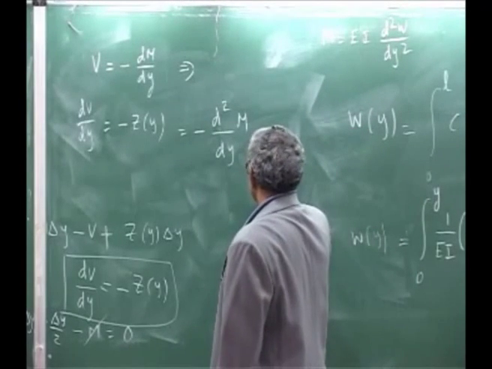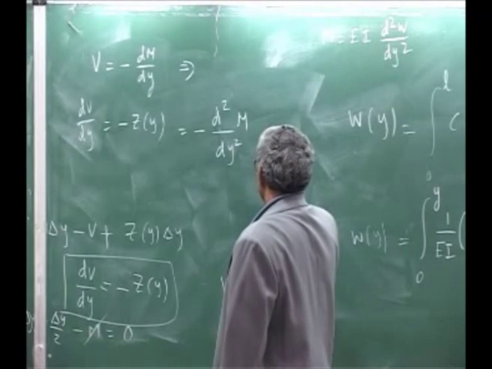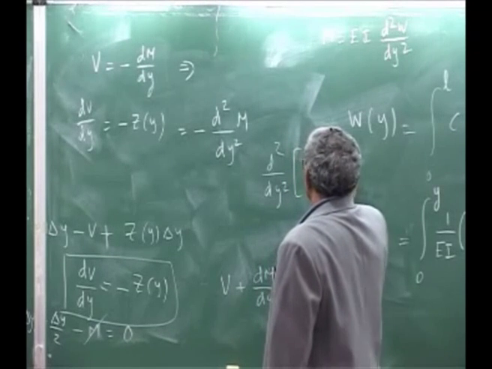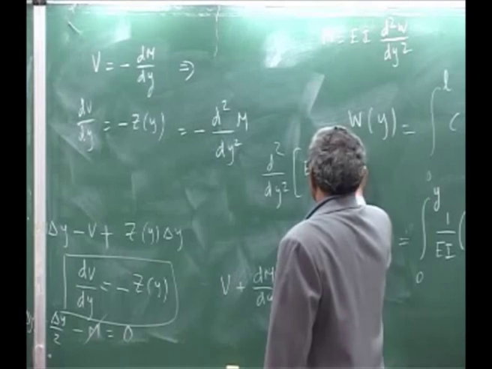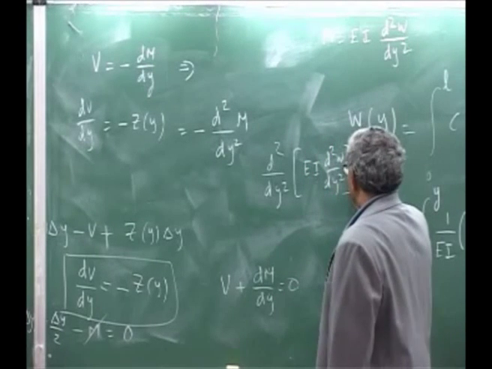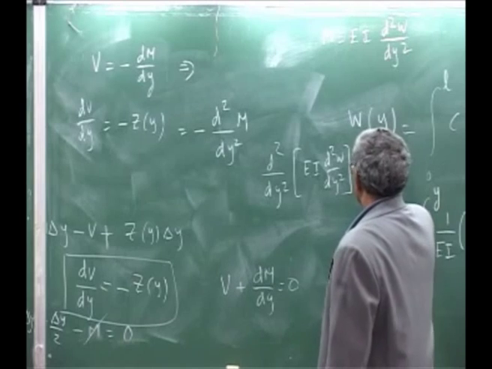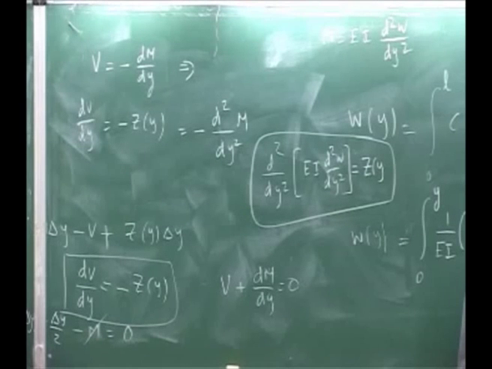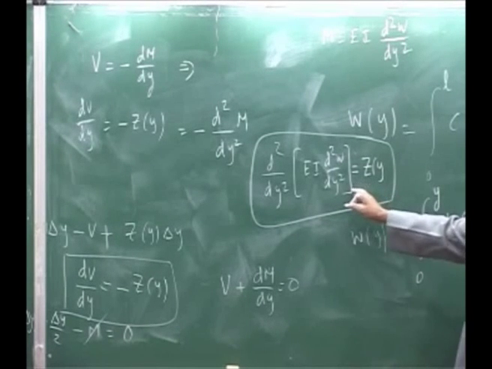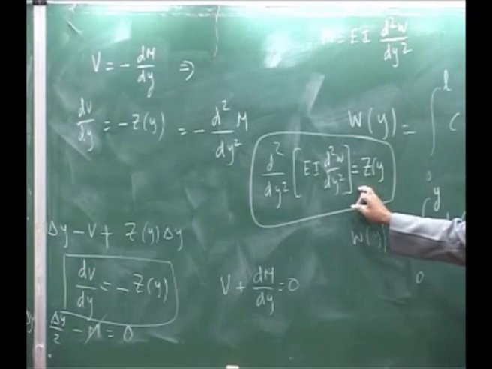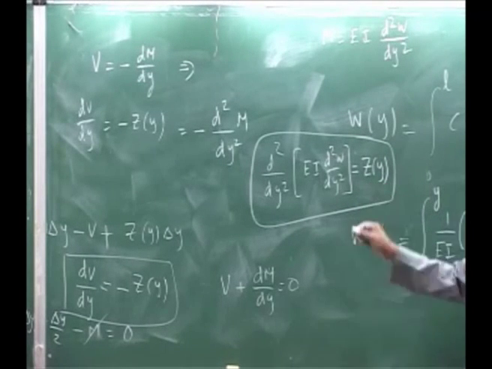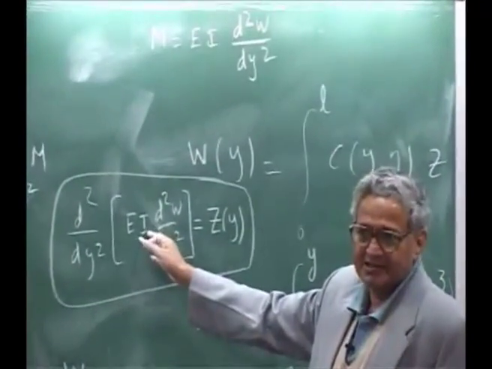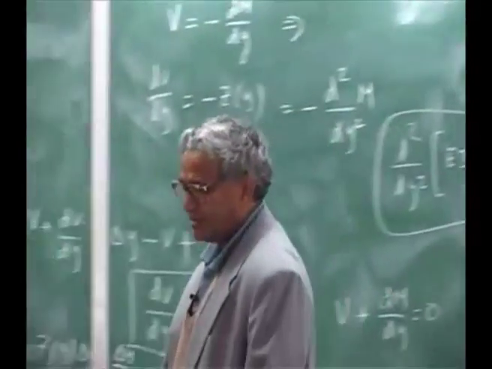Put it here. What will you have? d square over dy square of EI d square W by dy square equals Z(y). This is the beam equation, right? Simple. Z(y) is the distributed load, and this is the EI. You know, I is the cross-sectional area moment.